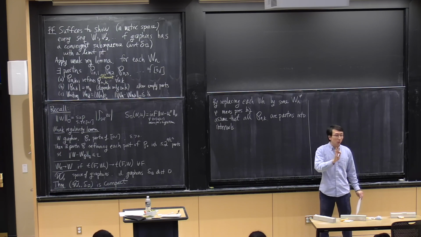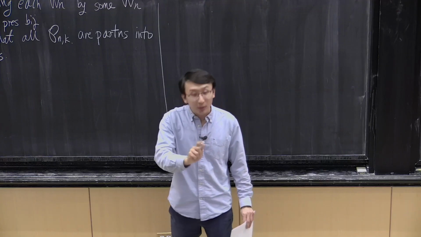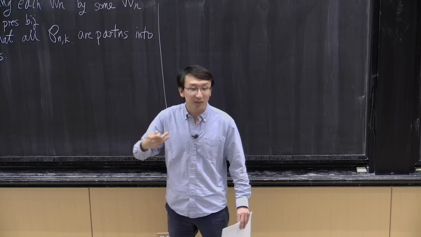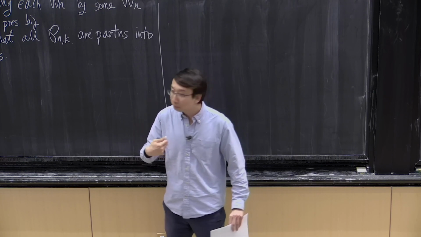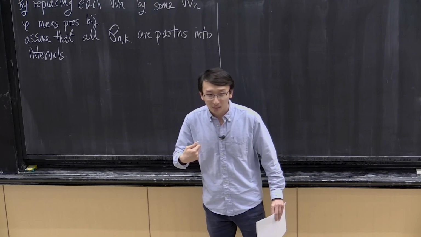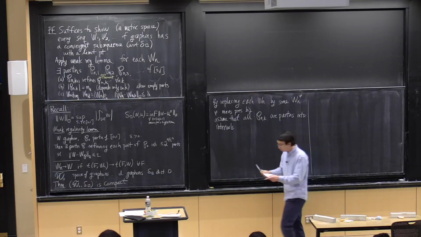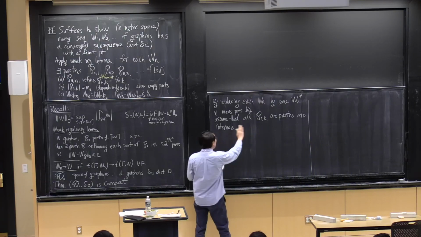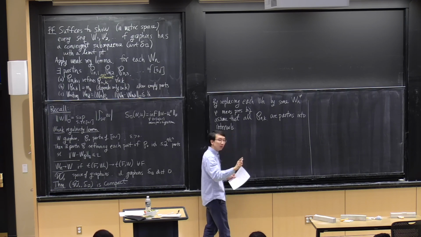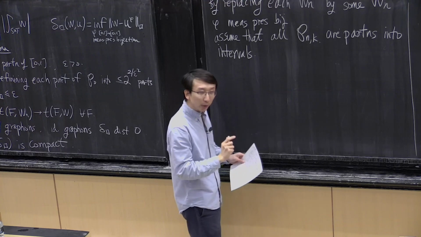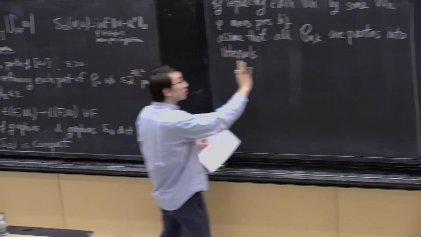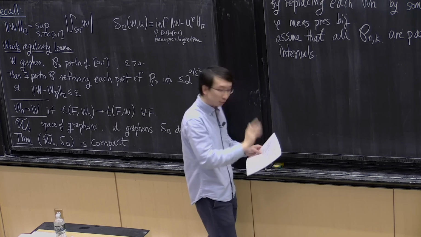So one way to get around this is, for now, just think of it for each given k, and then you'll see at the end that that's already enough. Okay, any more questions? All right. So now assume all of these P_nk's are intervals. In fact, what you said may be a better way to go, but to make our life a little bit easier, let's just assume for now that you can do this.